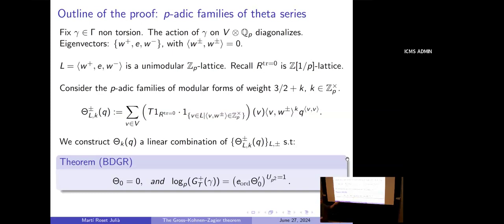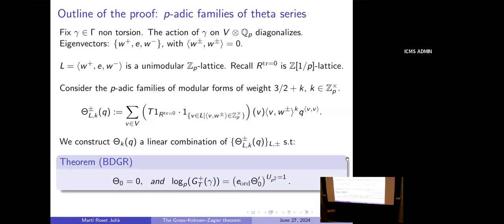And when we have something that vanishes at k equals 0, we take the derivative. So if you take the derivative of this family with respect to k, this will make some logarithms appear, and we evaluate at k equals 0. What we do is we check that if we apply the ordinary projector, which is the same thing that Mike explained, we can compare this to the Gross-Kohnen-Zagier generating series after applying the functional evaluation at gamma and taking the p-adic logarithm.